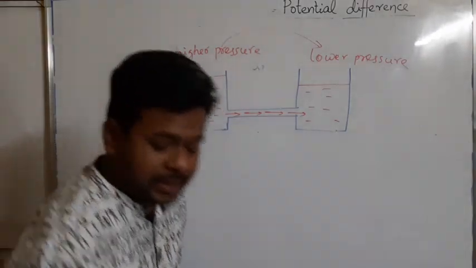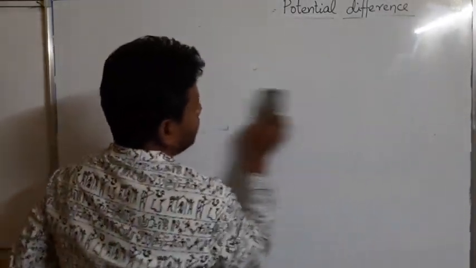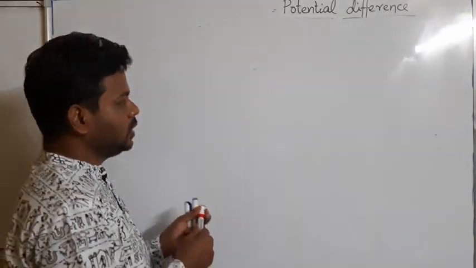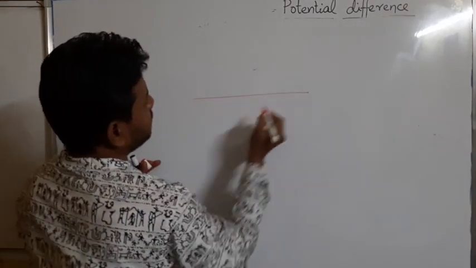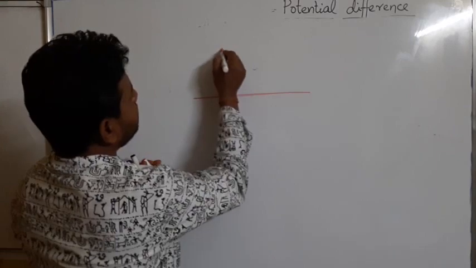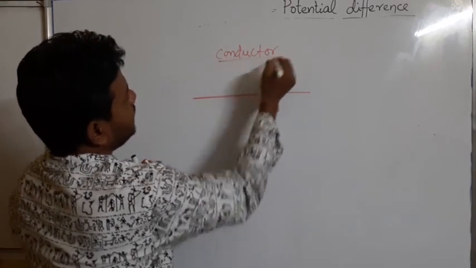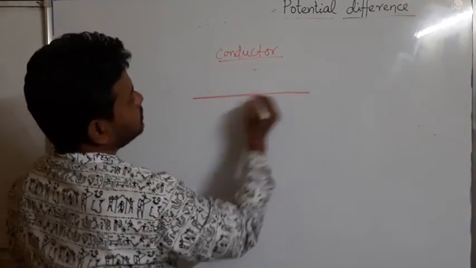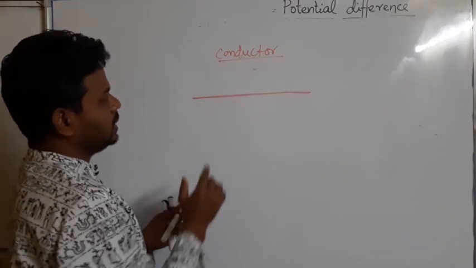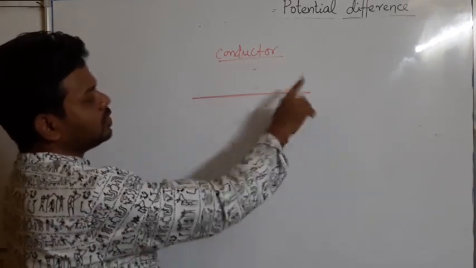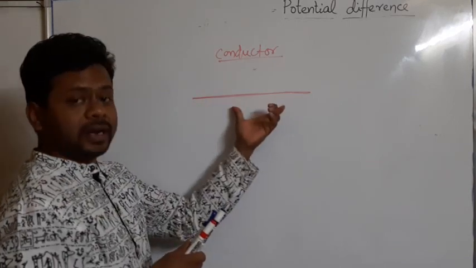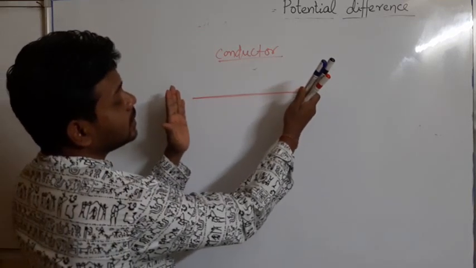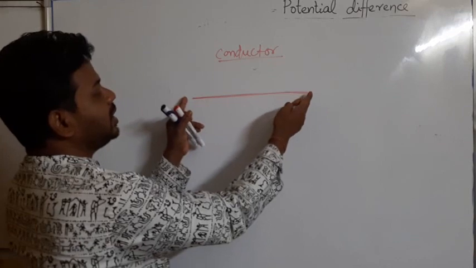So if we apply it like this, as I have told, current is the flow of charge. So if we take a conductor, let it be a conductor. Inside the conductor or electric wire, the charge is present, but the electrons will not flow inside a wire if there is no difference in electric pressure between the 2 points.